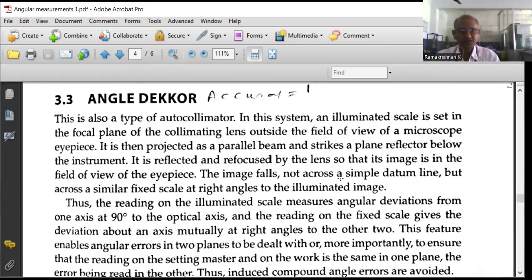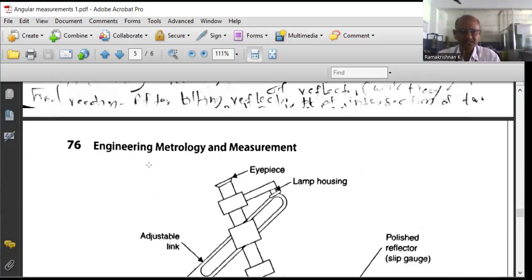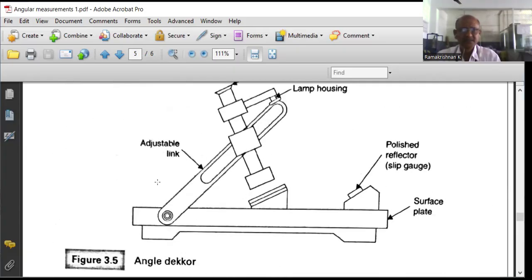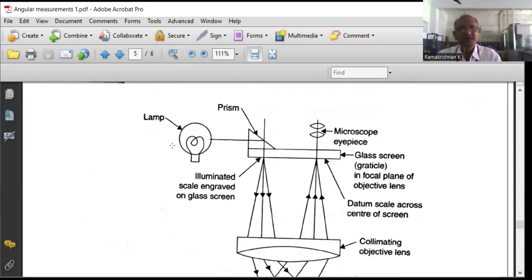Now let us look into another device, the angle Dekkor. The angle Dekkor is a modification of the autocollimator. Now we'll look at the construction of the angle Dekkor. First, the simplified view. A lamp is there, which is the source of light.